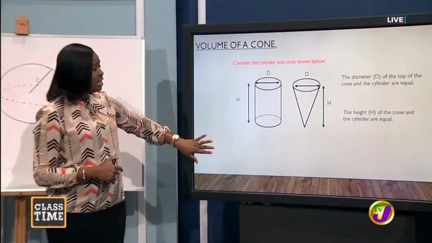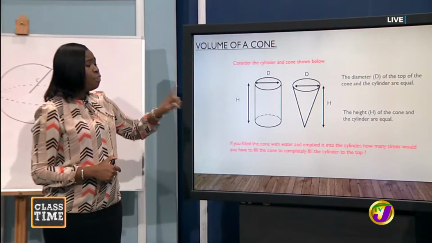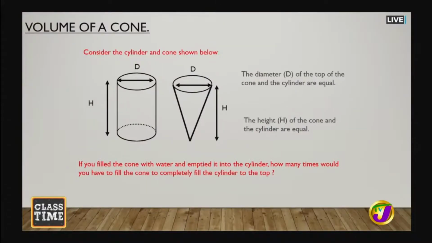So it means that it took the volume of 3 cones to fill the cylinder. Yes. So seeing that it took 3 cones to fill the cylinder, how significant is that 3 in coming up with the formula for the volume of the cone?